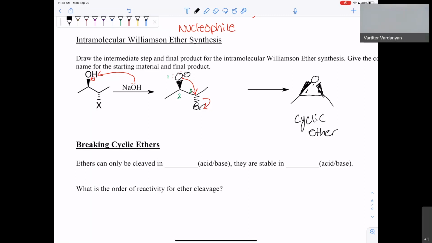The other important thing, the epoxide has to be on one plane, right? So both of these bonds have to be either on the plane, they both have to be wedged, or they both have to be dashed. Can't have one side wedged, one side dashed.